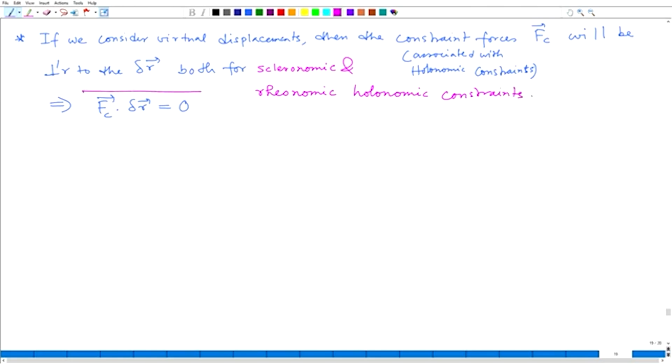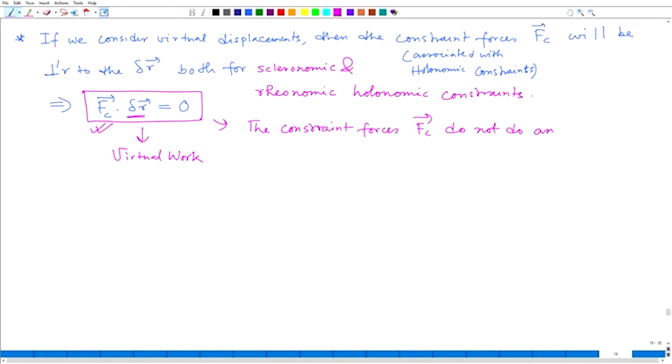So, this is a very general principle. The work done associated with the virtual displacement, we call that virtual work. So, I can now write a principle saying that the constraint forces Fc do not do any virtual work.